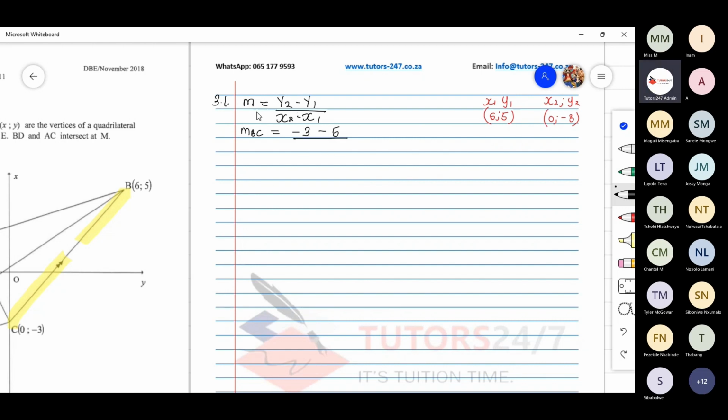Next, I need my x2 value, which is 0, and my x1 value, which is 6. From there, you can put that into your calculator. So you should end up with +4/3. Now that is the gradient of line BC.